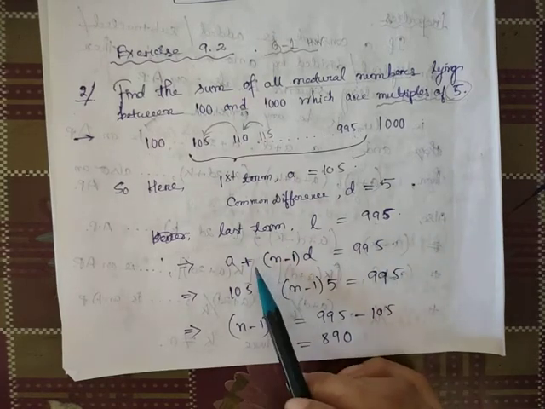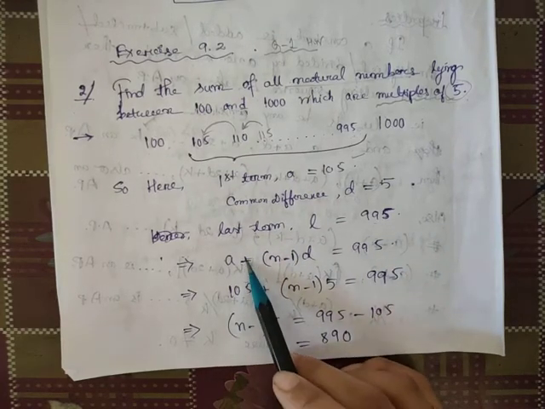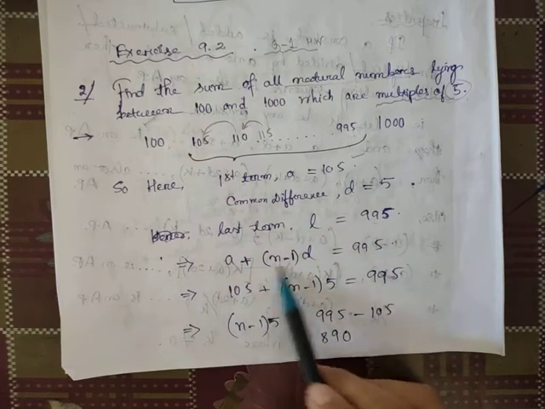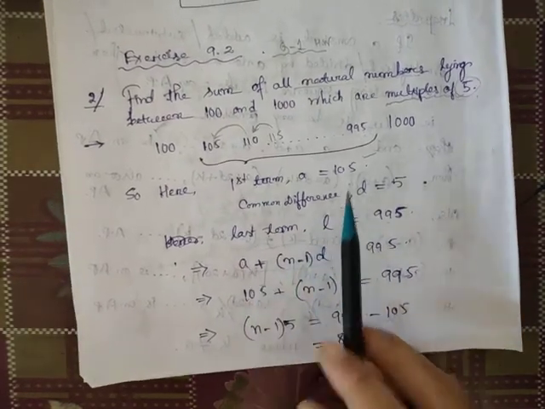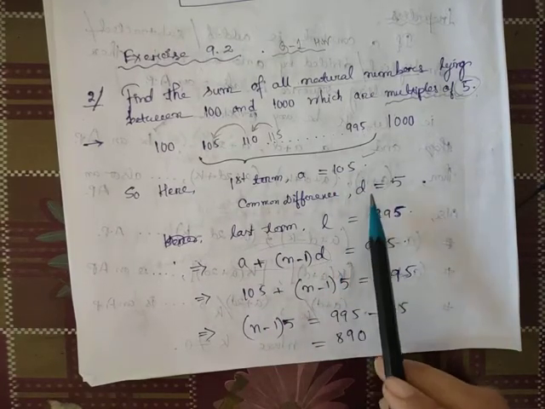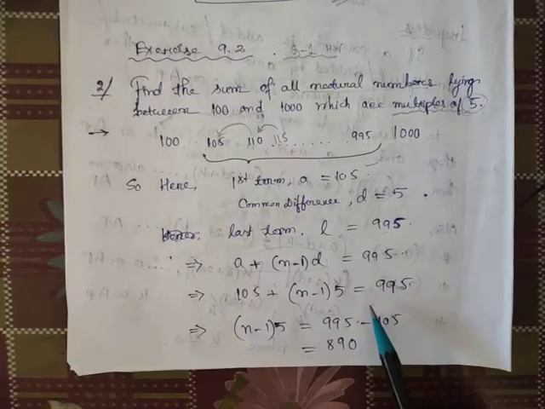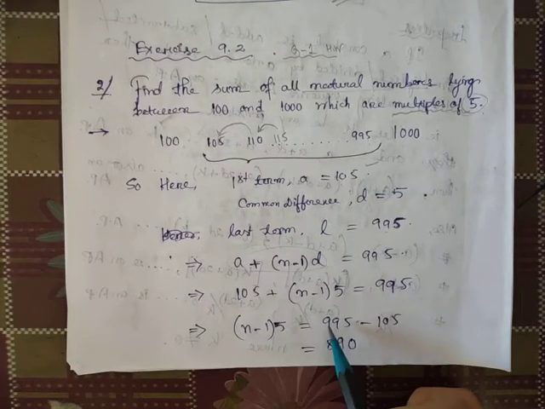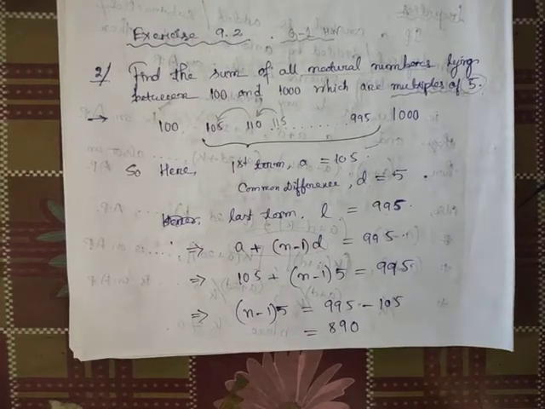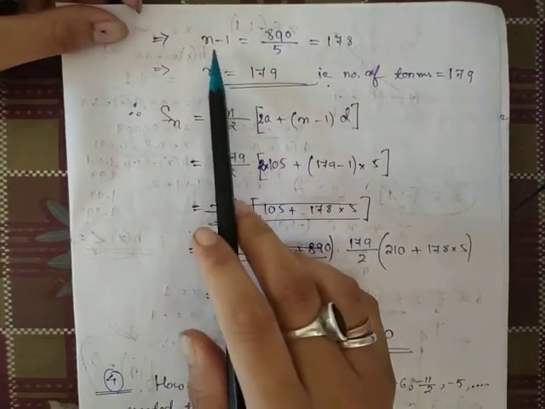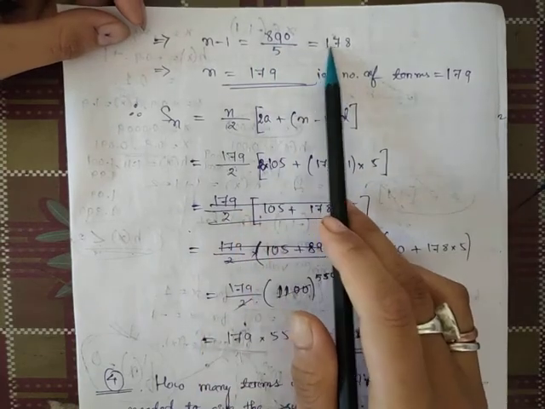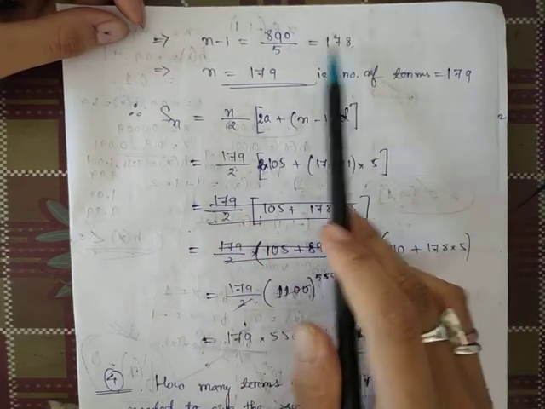So we know from the last term formula, a plus n minus 1 d equal to 995. This is the formula for the last term. The first term we got is 105 and the common difference is 5, so 995. Calculating, you will get 995 minus 105 equal to 890. So n minus 1 equal to 890 divided by 5 equal to 178. Easy calculation.